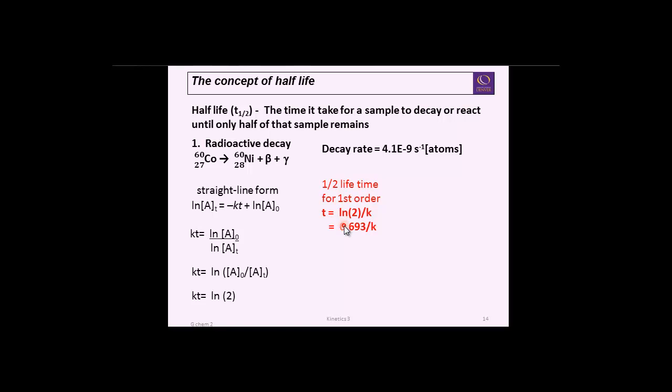So anything that decays by a first order equation will get to half of its amount or half of its quantity by 0.693 divided by k. That'll tell you until half of it's remaining. So that's a half-life.